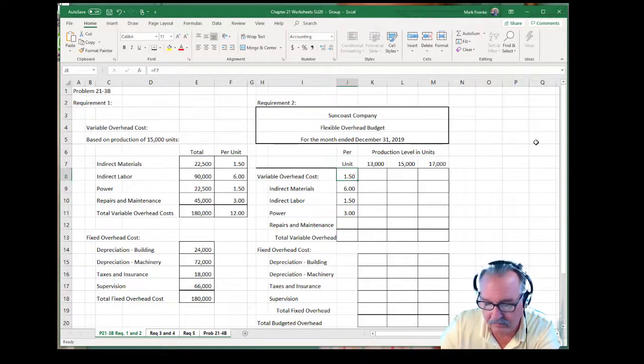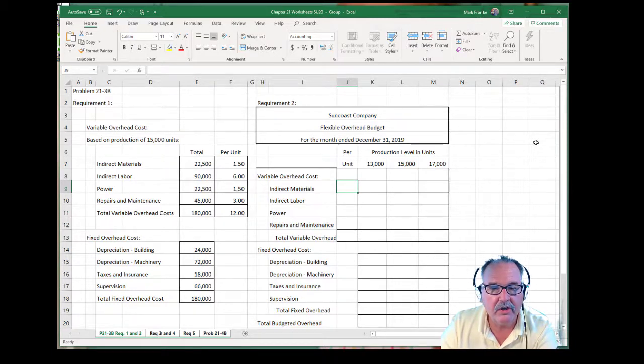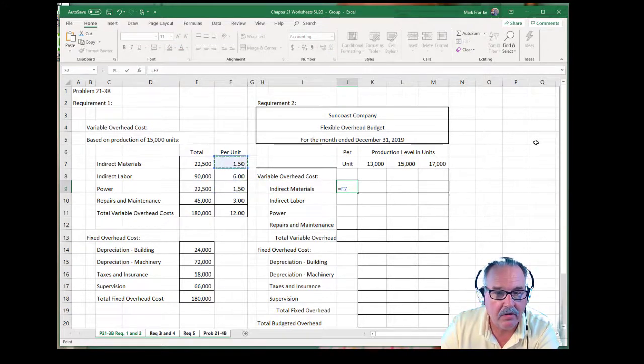Oops, I started too high, sorry. Let's do this again. So we're going to use the per unit amounts for the variable costs at these 3 levels of production. And of course, it's $12 each. And then we're going to use the totals for the month based on the fixed amounts.